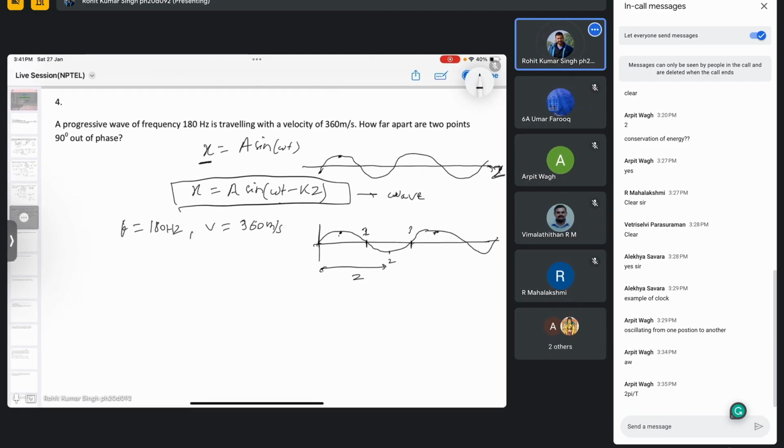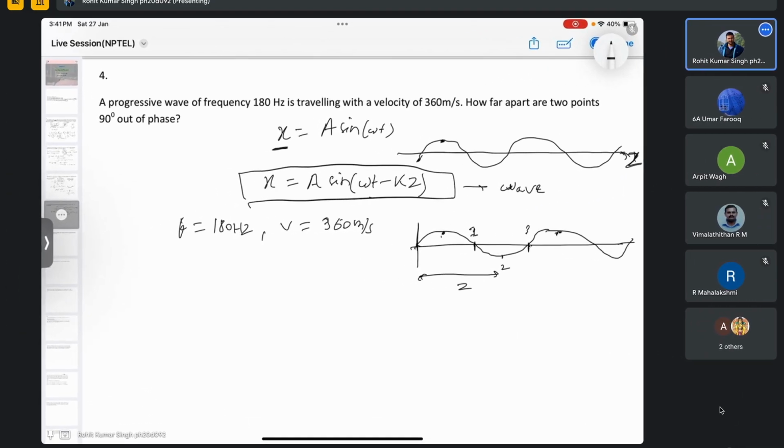It is at 1, right? 90, 180, 270, and then 360 again, right? So we have to find this distance, correct? How do we do that? Anyone has any idea?